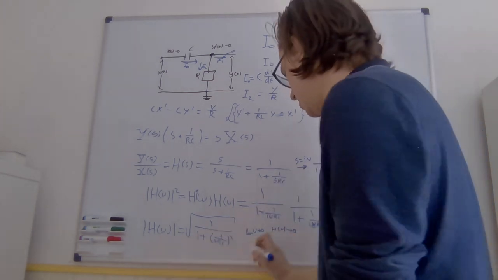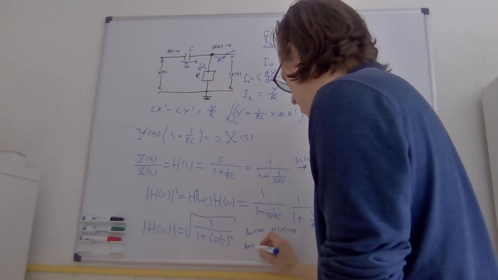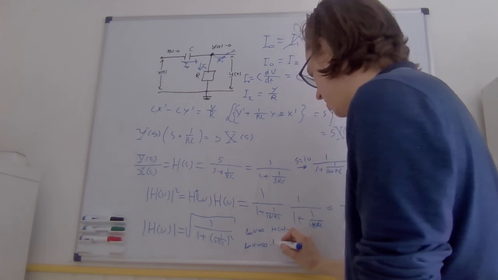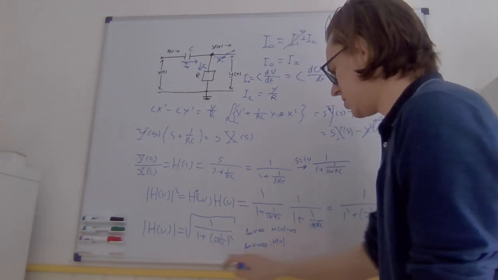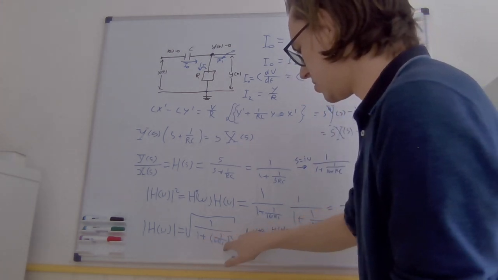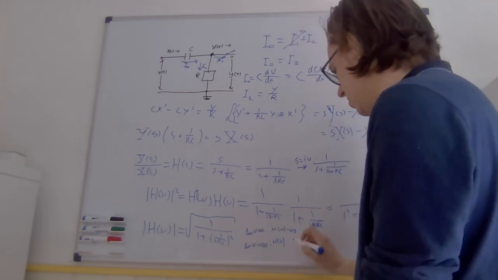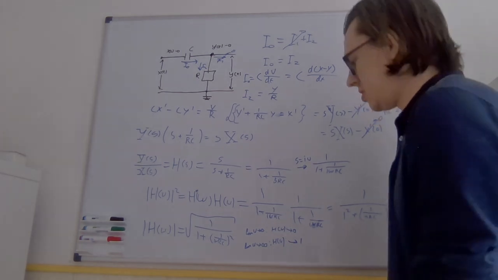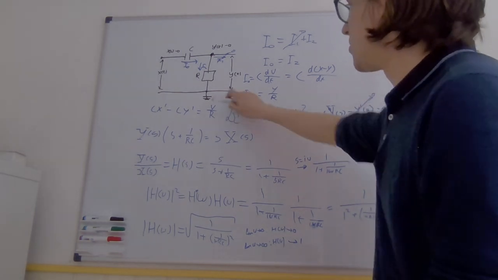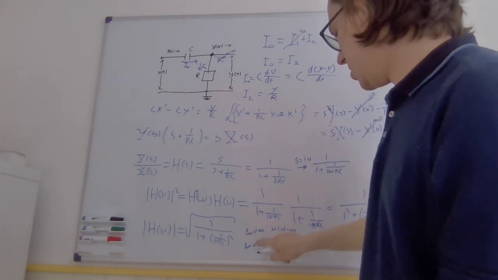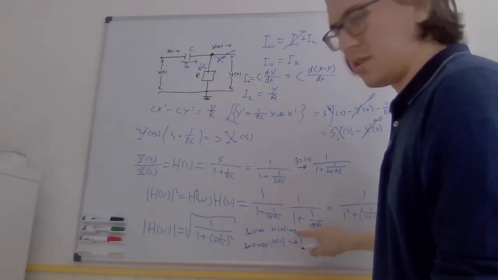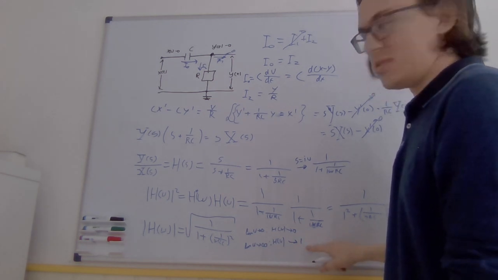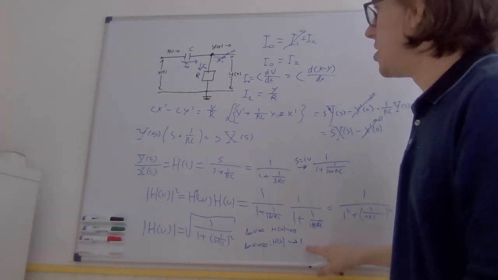And if omega gets really large, to infinity, then we find that for our H of omega, when omega gets really big, this expression goes to 0. So this whole fraction goes to 1 over 1, so this goes to 1. This means that we have created a high pass filter here, since it blocks out all of the low frequencies and lets the high frequencies pass through, hence the name high pass filter.